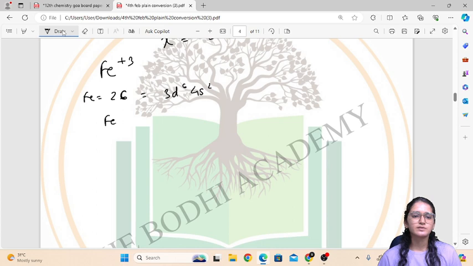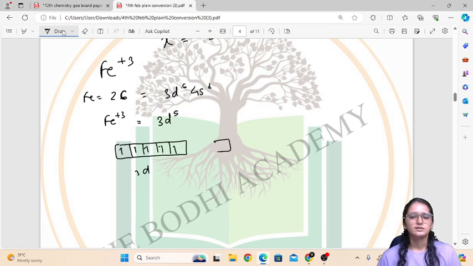Fe3+ means you have to lose 3 electrons. After losing 3 electrons, it will form 3d5. We will try to assign them in the block. So this is the 3d block. 5 electrons means 1, 2, 3, 4, 5. Next is 4s and next to that is 4p.